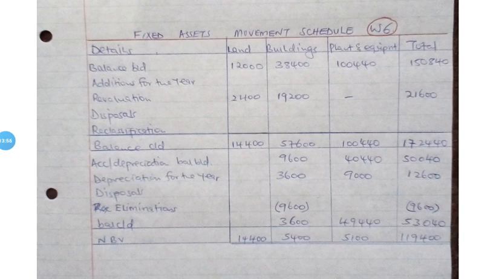But below that, where we are now factoring in depreciation, we have accumulated depreciation for the year, then disposal. What disposal is this?